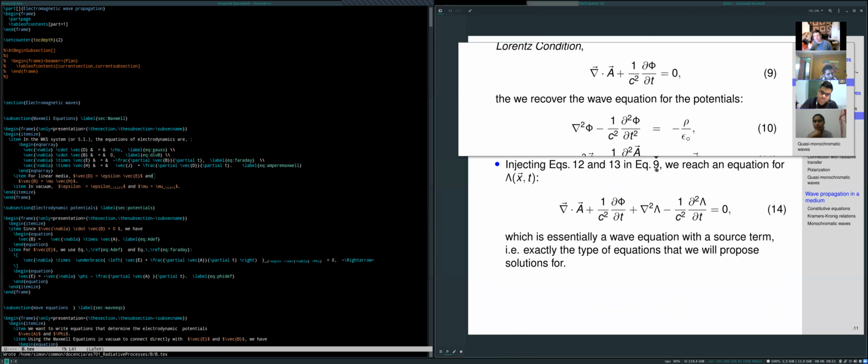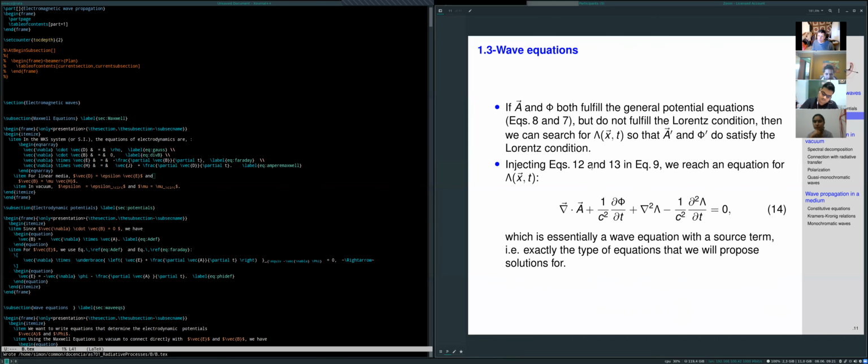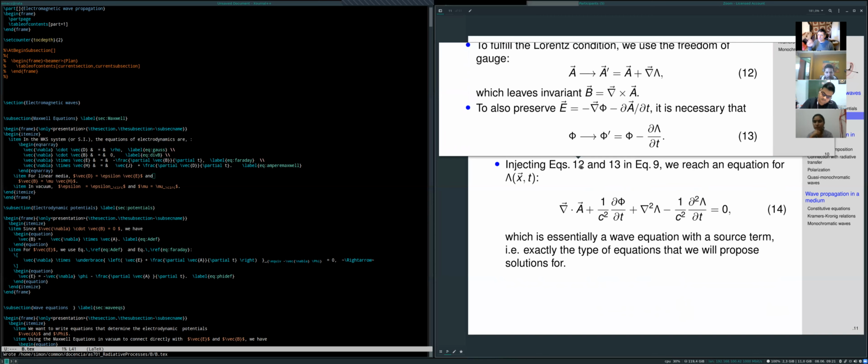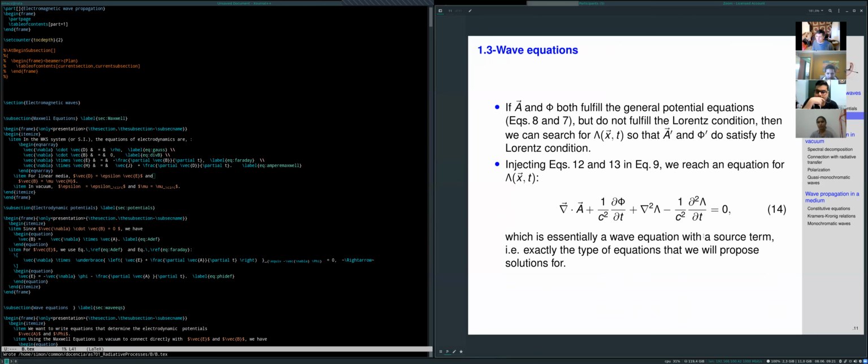Then I use equations 12 and 13 inside this Lorentz condition. So I replace A prime by A plus the gradient of lambda, and I replace phi prime by phi minus the time derivative of lambda. If you do that, then you end up with this equation, equation 14, okay?